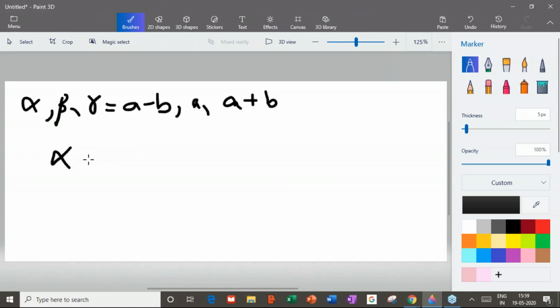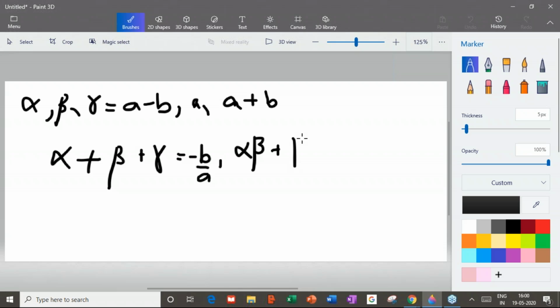So, one of the things you use will be alpha plus beta plus gamma is equal to minus b by a. The second thing you can use is alpha beta plus beta gamma plus gamma alpha is equal to c by a.